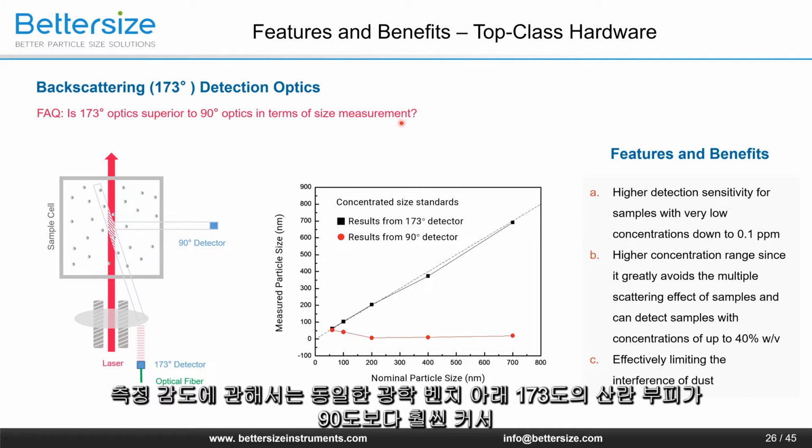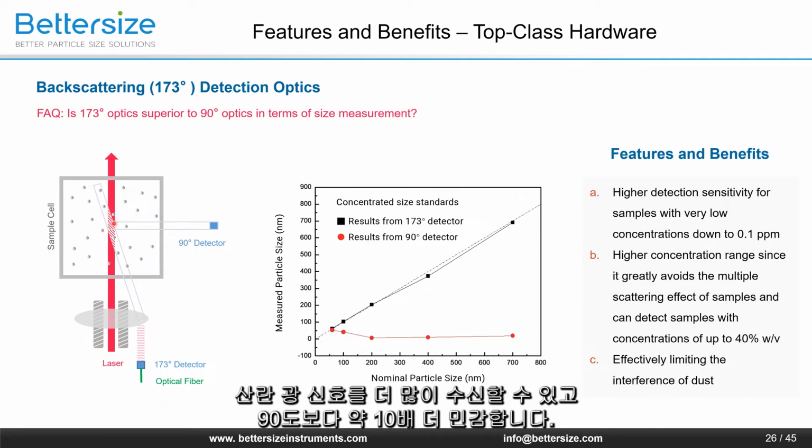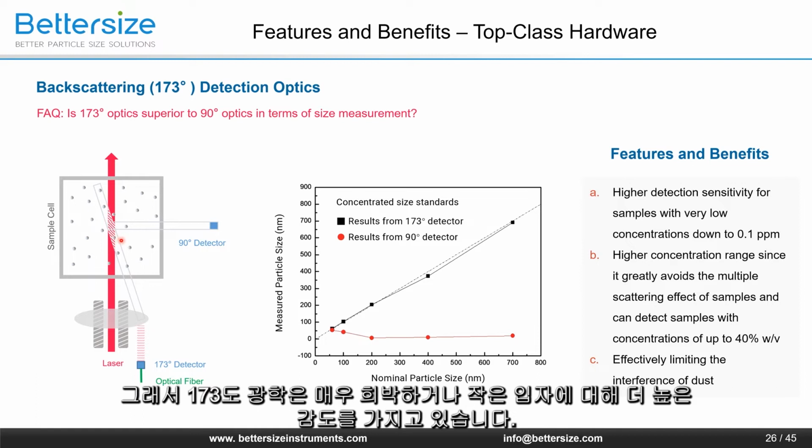When it comes to measurement sensitivity, the scattering volume of 173 degrees under the same optical bench is much larger than at 90 degrees, allowing more scattered light signals to be received and around 10 times more sensitive than at 90 degrees. So the 173-degree optics has higher sensitivity for very dilute or small particles.